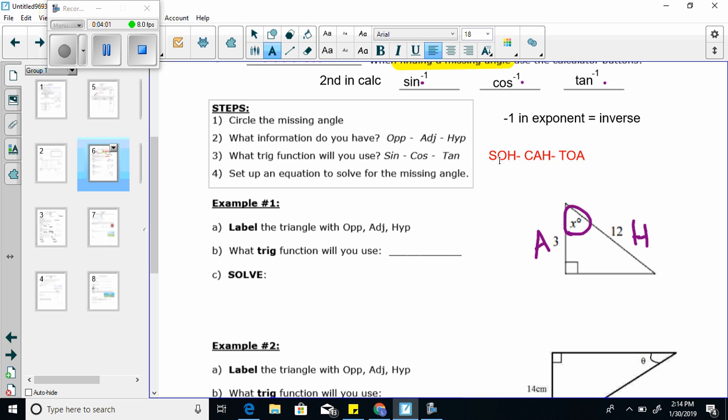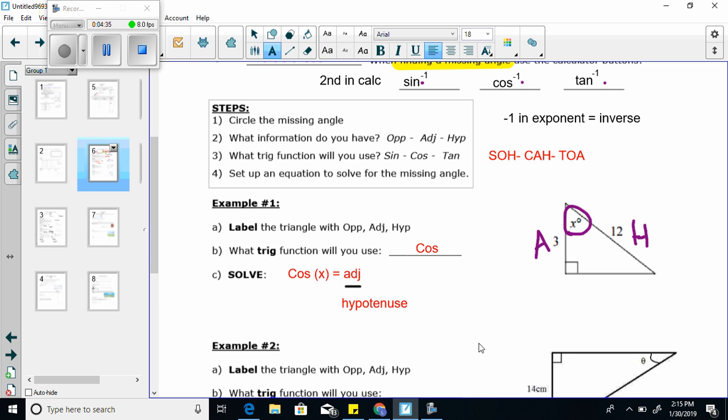Remember, SOH CAH TOA stands for sine, opposite over hypotenuse; cosine, adjacent over hypotenuse; and tangent, opposite over adjacent. I have adjacent and hypotenuse, so I'm using cosine. We always take the cosine of the angle, which in this case is x. I don't know what it is, and we set it equal to the adjacent side over the hypotenuse, because that's what CAH stands for.